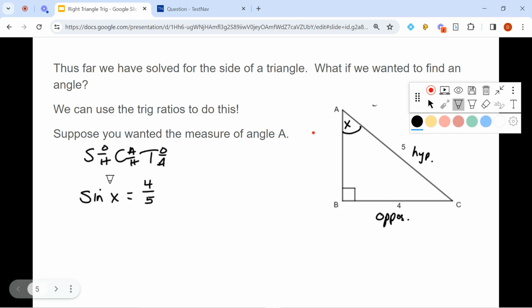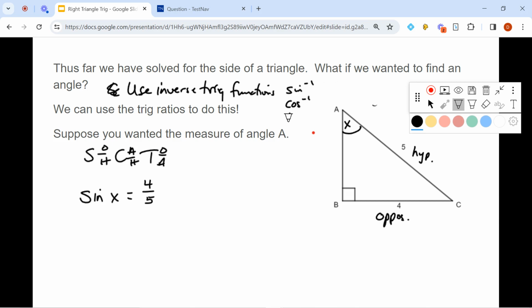But now I want to find X. To find X, if you remember, we have to introduce the inverse trig functions. So we're going to use the inverse trig functions to do this. So that's inverse sine. That's how we would write it.